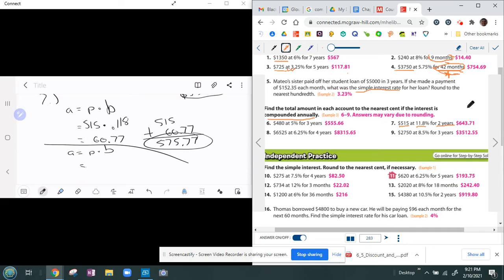So we got to do the 575.77. Oops, I forgot the actual. Oh, I reversed it there. These guys should be in different spots. Sorry, it's same idea though. 0.118 times the 575.77, right?